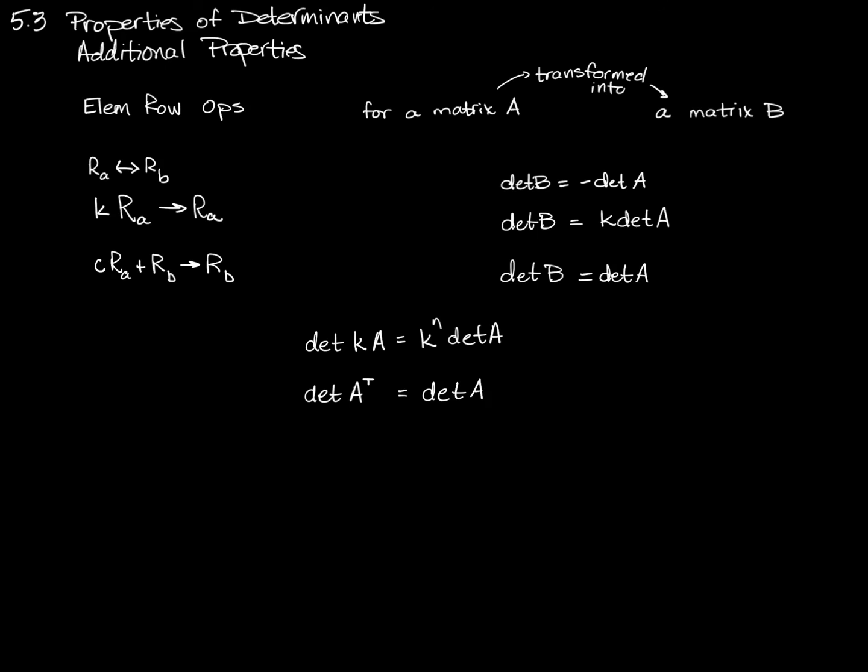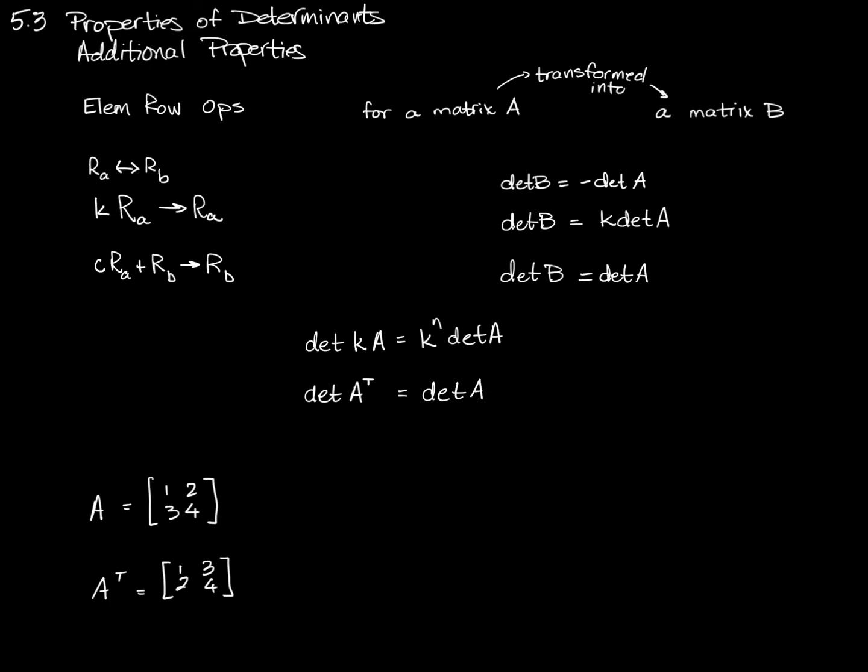So, for example, if I take matrix A to be 1, 2, 3, 4, then A transpose is equal to the transposed matrix, and this property actually says that the determinant of the transpose will be the same as the determinant of the original matrix.